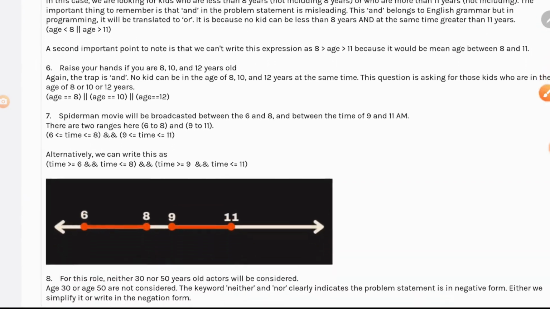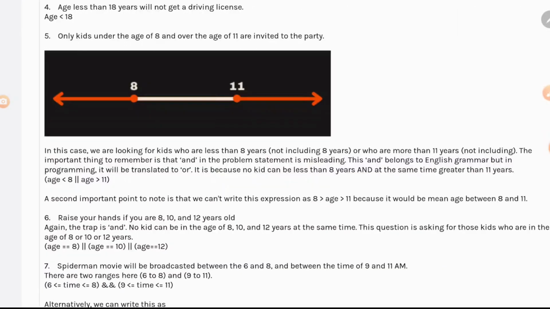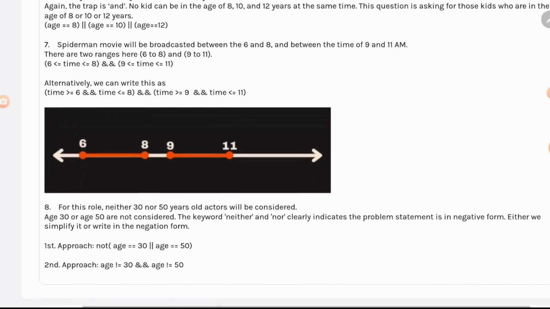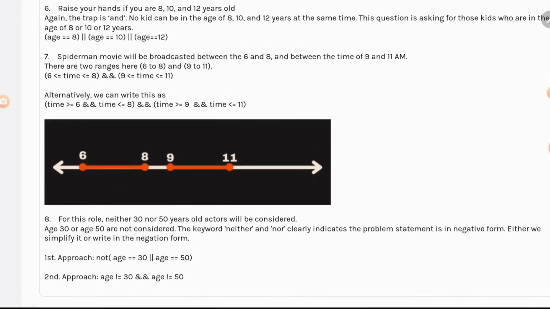Right? So let's move to the next example. Here, 6. In this one, we are saying raise your hand if you are 8, 10, and 12 years old. Pay attention, we are giving exact values. You are saying either you are 8 or you are 10 or you are 12.